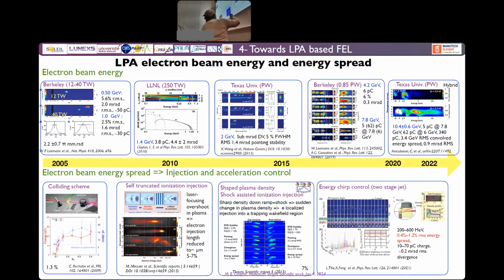So you get several % of energy spread. Or you can also do some energy chirp, as has been done in China, in Xiom, and they reach a very low energy spread of 0.4% or 1.2%. So this is interesting to consider.